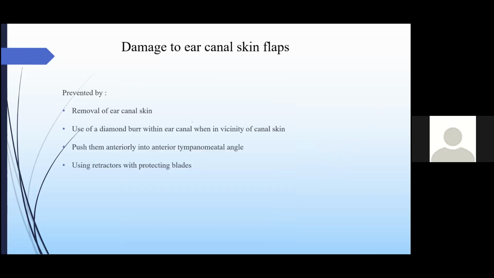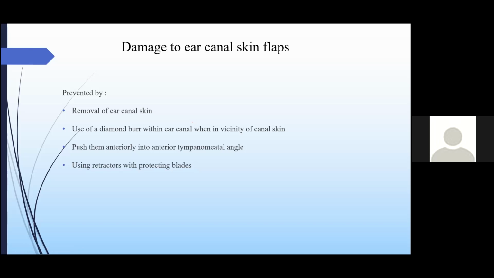In the ear canal, if you are drilling, like in the canaloplasty, as I told in the previous slide, some surgeons prefer to remove the entire ear canal skin, or they say we should use the diamond burr within the vicinity, and also we can push the skin flap to the anterior angle, or we can protect it with aluminium foil from the suture material.